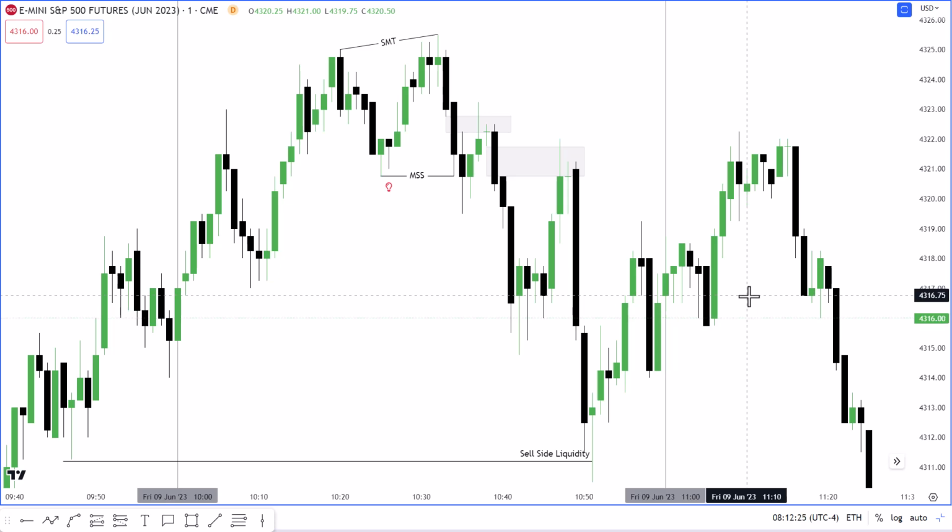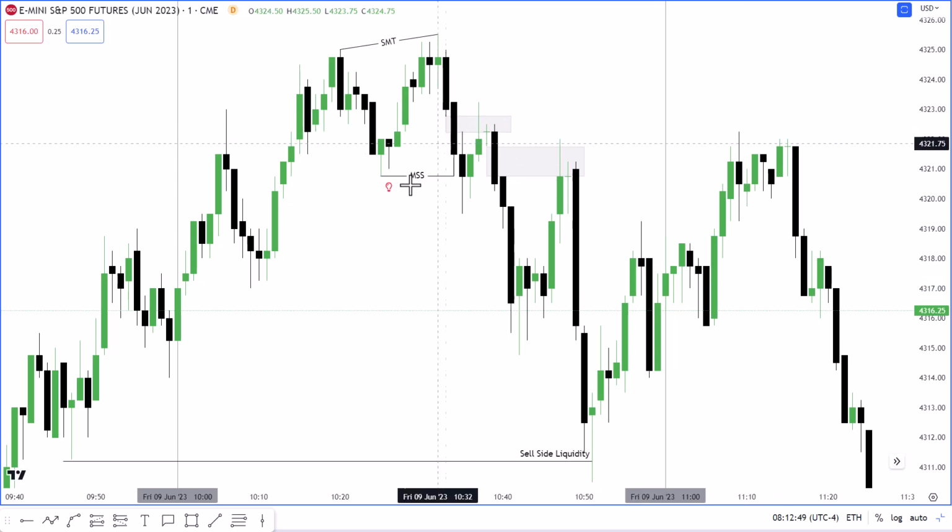Now we have different times of the ICT Silver Bullet, but we're just going to focus on one today. The first ICT Silver Bullet time is that of the London session, which usually occurs between 3 a.m. New York local time to 4 a.m. New York local time. Remember, the ICT Silver Bullet is usually a 1 hour trading time where you can trade a fair value gap within a 1 hour window.